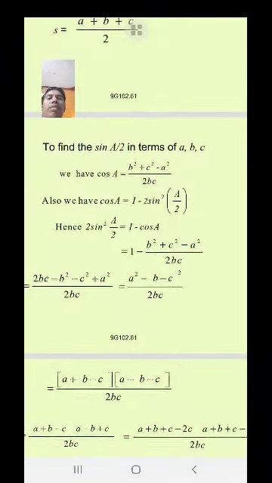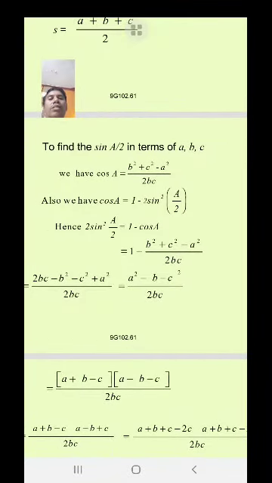we have cos A equals (b square plus c square minus a square) by 2bc. Also we have cos A equals 1 minus 2 sine square A by 2. Hence 2 sine square A by 2 equals 1 minus cos A. Here in place of cos A we are substituting the cosine rule, that is (b square plus c square minus a square) by 2bc.